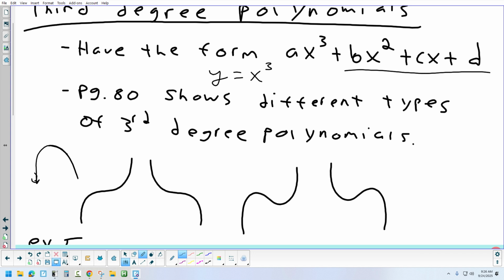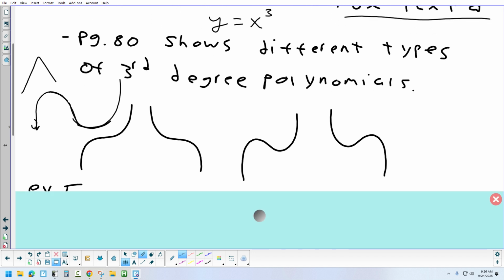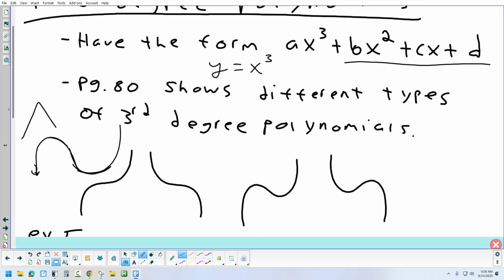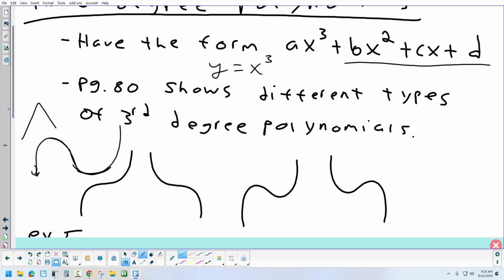That's a parabola. It's got to turn again to go back up. And it has to be a smooth turn. You never have a sharp turn. Everything about it is a smooth curve. Any questions on the general look of a third-degree polynomial?